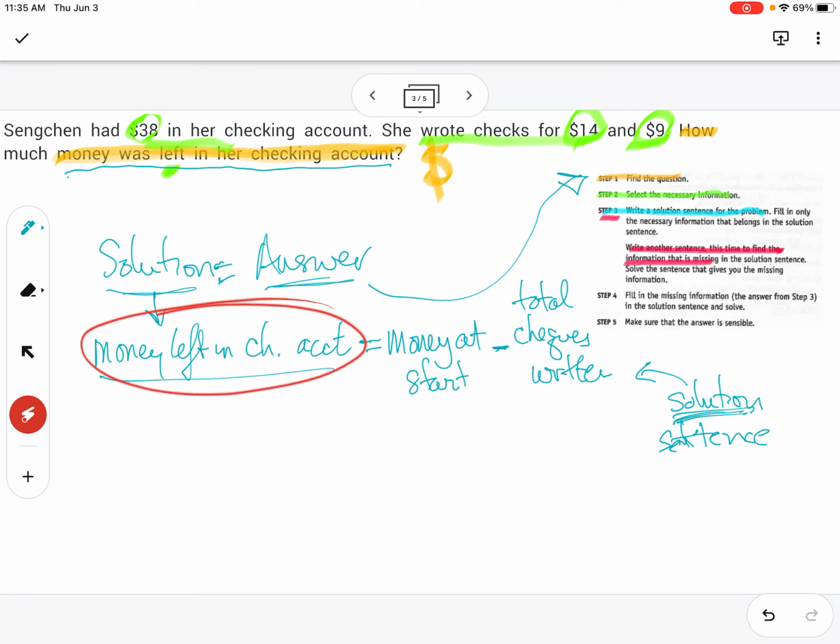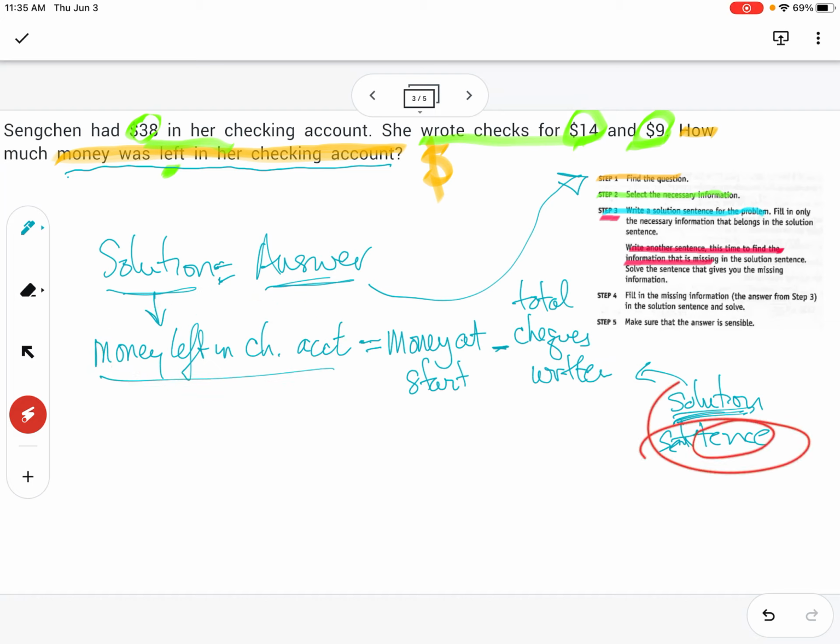So here's my sentence to find how much money was left. And it's a solution sentence. Notice I'm using words, not numbers. I'm using words plus some math symbols of minus, equals, these sorts of operations and math symbols in there. But it's a sentence that uses words to explain how I'm going to find my solution.